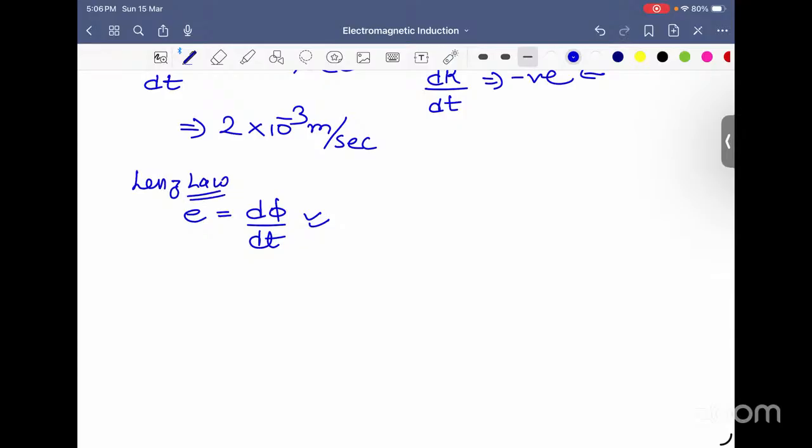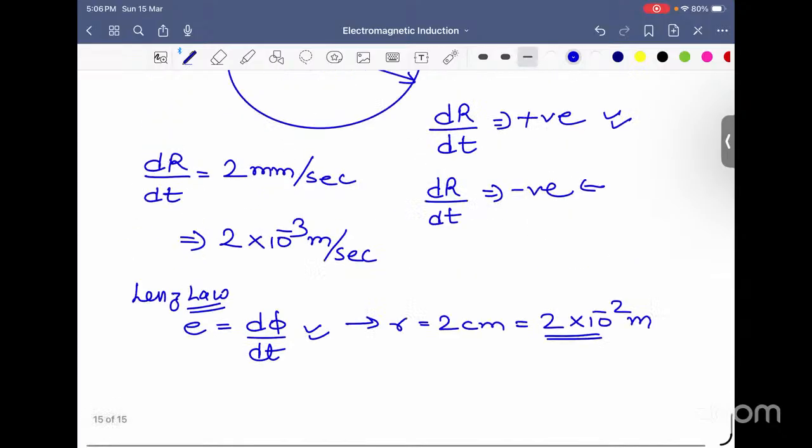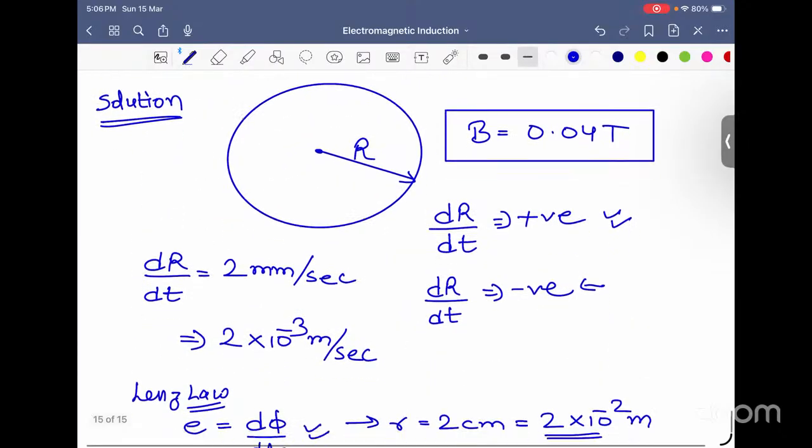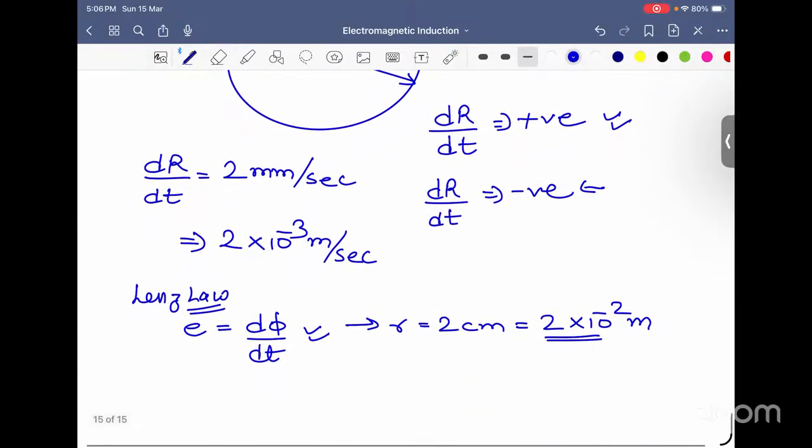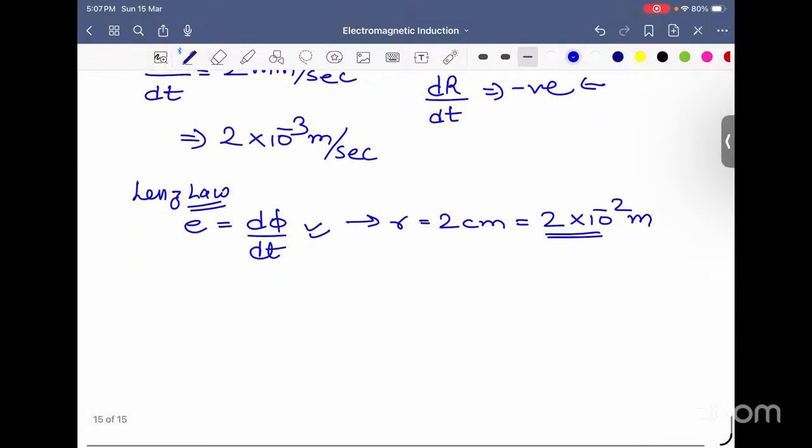They're asking us EMF induced at a particular radius, which is 2 centimeter. Centi here is basically 10 to the power minus 2 meter. Now let's proceed next.